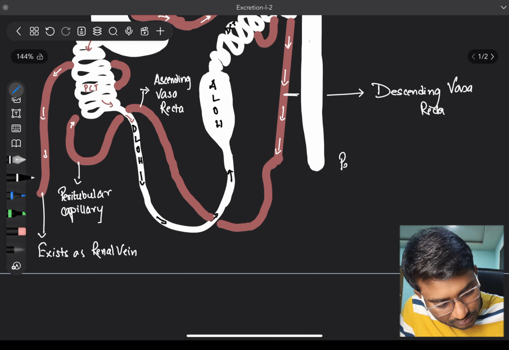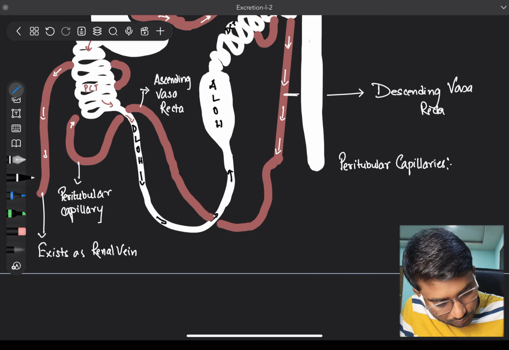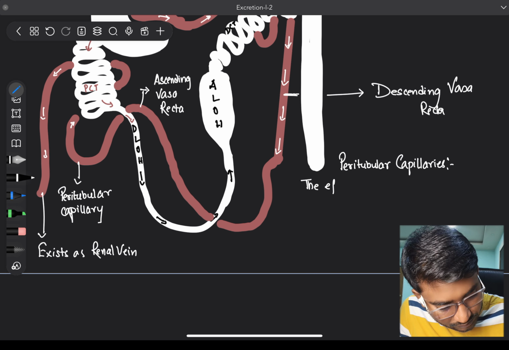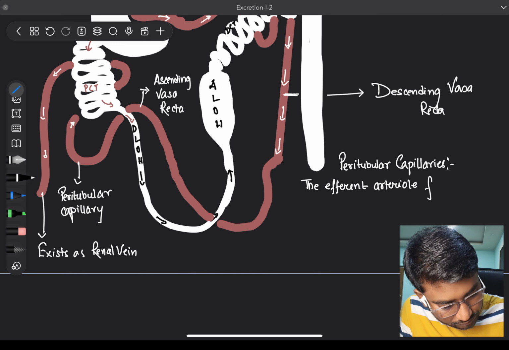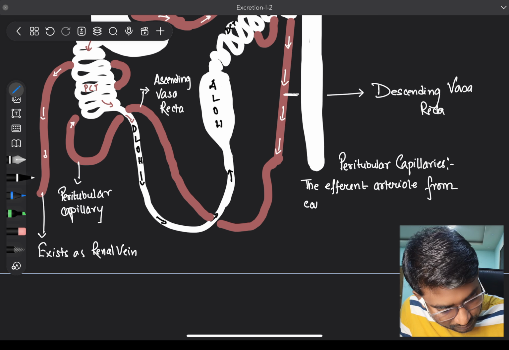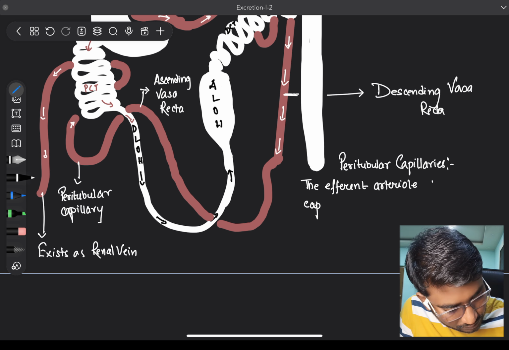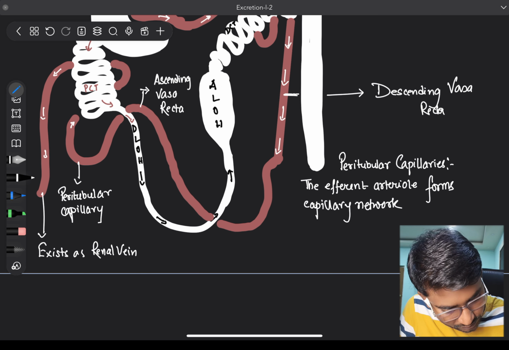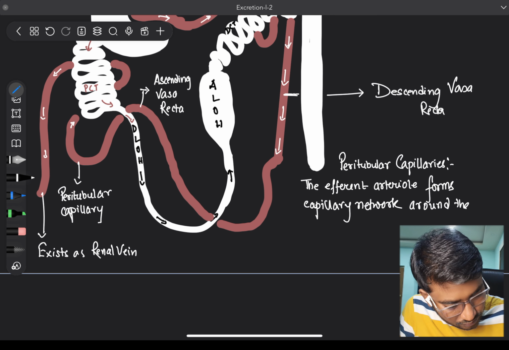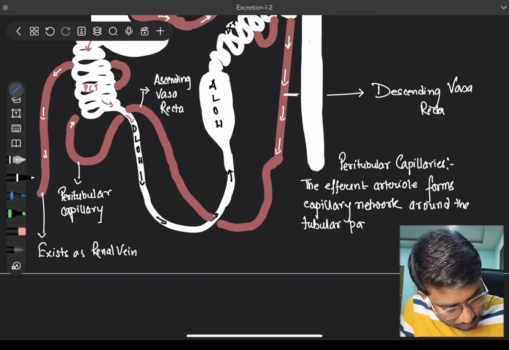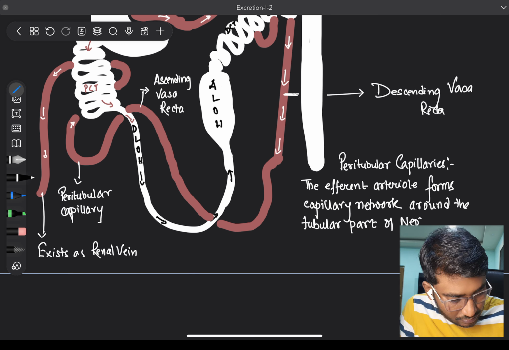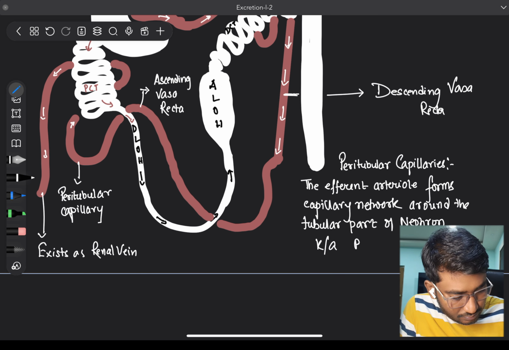So, peritubular capillaries: the efferent arteriole forms a capillary network around the tubular part of the nephron, which is known as the peritubular capillary.